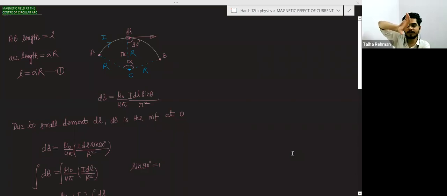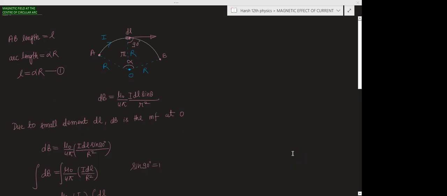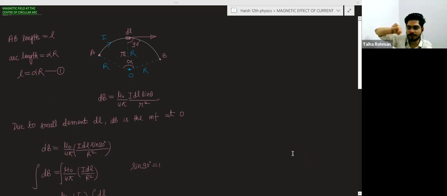Just curl your fingers along the sense of current and tell me the direction of the magnetic field you are getting. You will find that the thumb will go away from you.